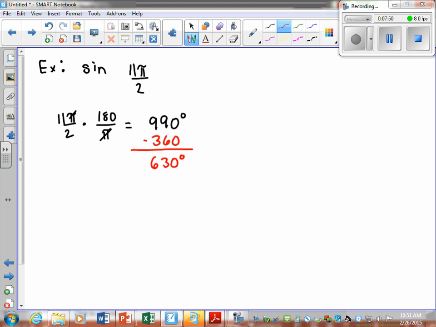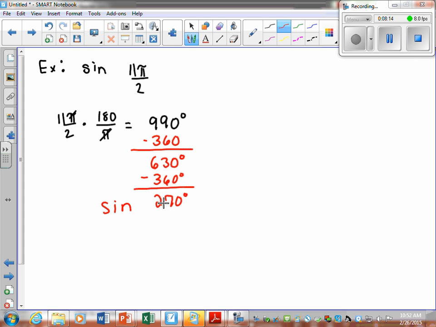Well, that's still bigger than the one circle we've talked about of 360, so what do we do again? Let's take another revolution out. So that would be 360 degrees. And that leaves me with 270. Now, is 270 something that's on the unit circle that we've talked about? Yes.